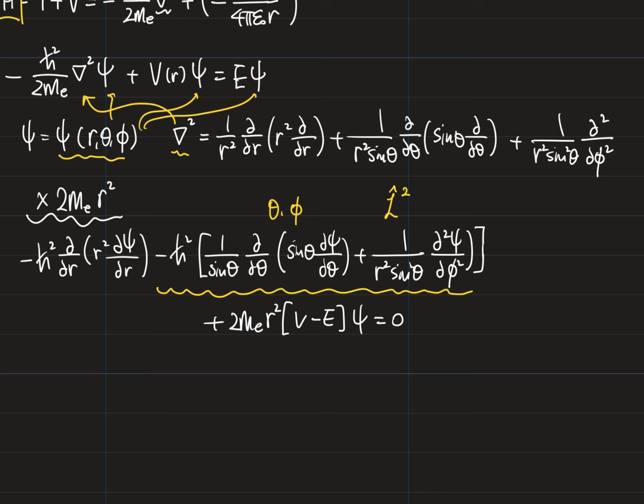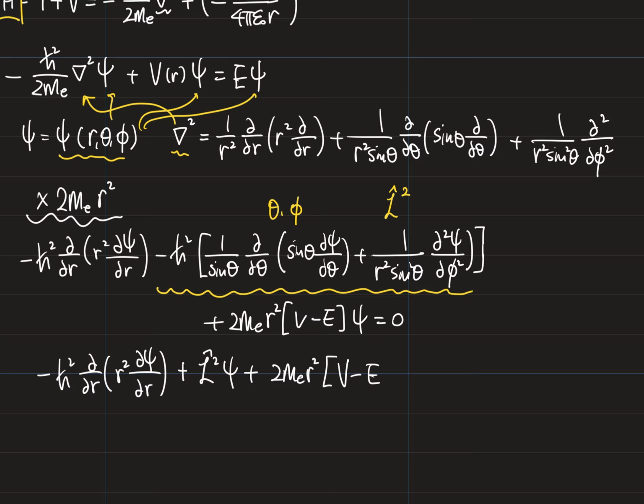So your final Schrödinger equation for a hydrogen atom would be something like this.